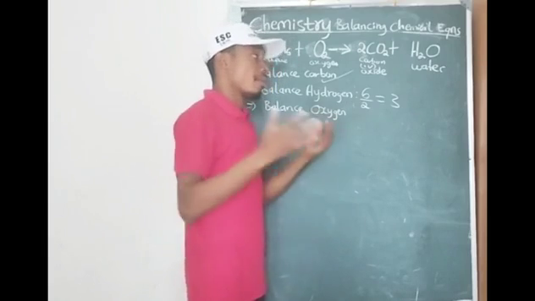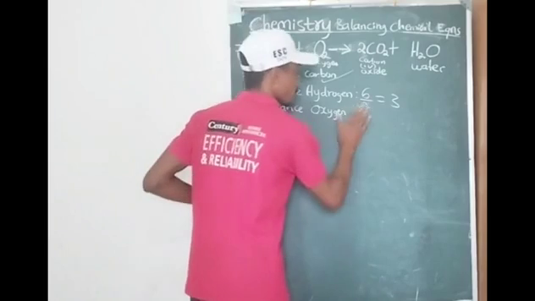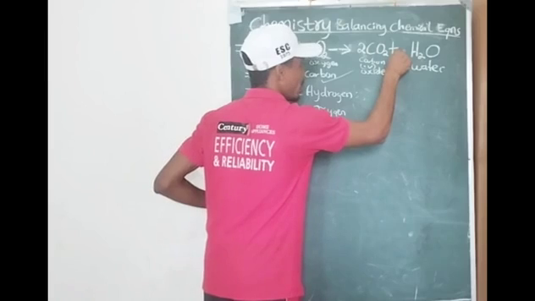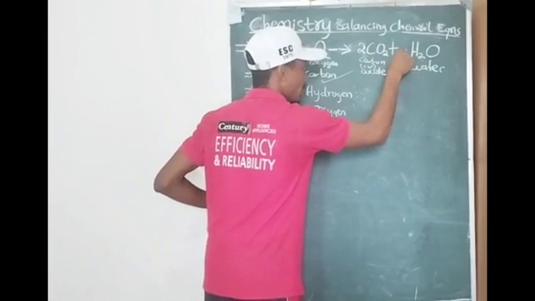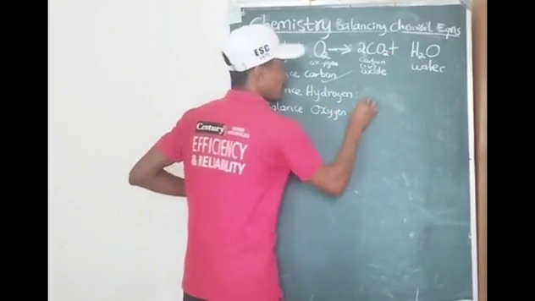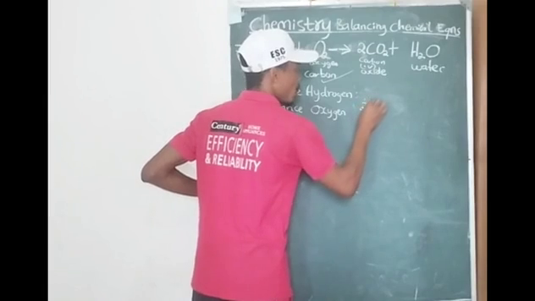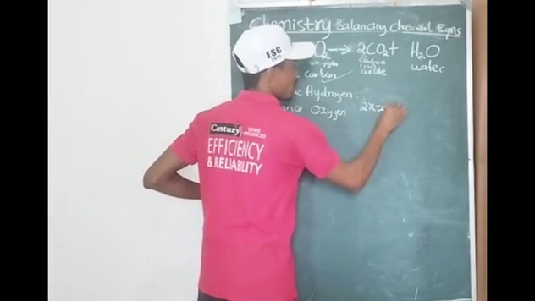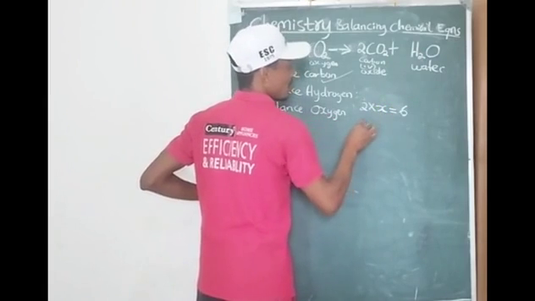Or better still, 2 times what will give me 6? 2 times x will give me 6.